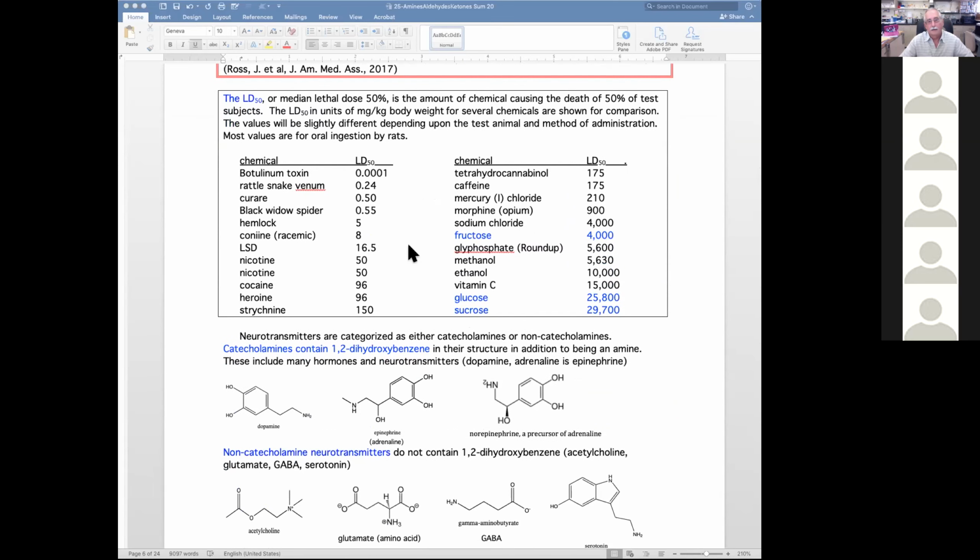So one way to categorize drugs, agonists and antagonists is with the LD50. That stands for the median lethal dose, causing 50% mortality. Most of these studies are done on test animals. You're not allowed to do them on Republicans or anything.